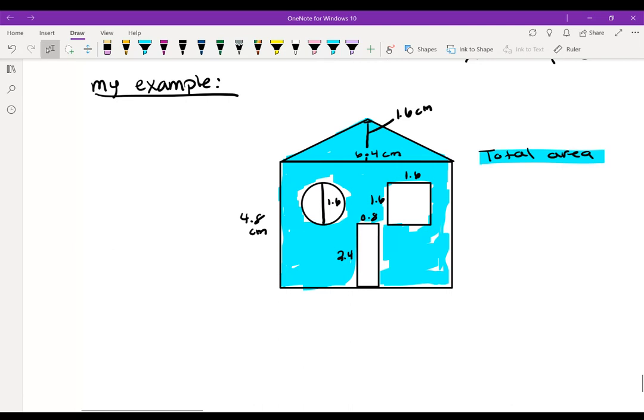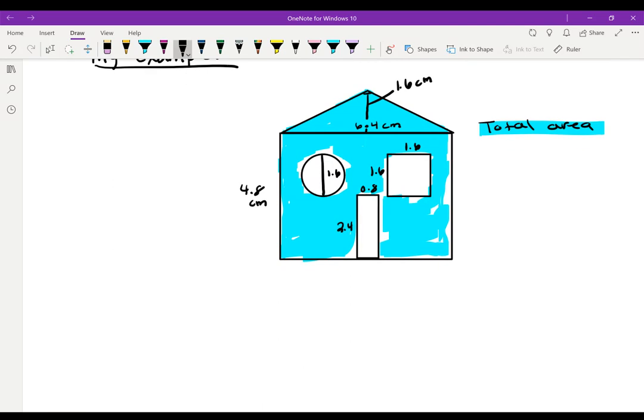So now what I'm going to do is find the area for each individual shape. The area of the roof is going to be the area of a triangle, so area equals 1/2 base times height. So 1/2 my base, which is 6.4, times my height of 1.6. If I type that into my calculator, I get 5.12 centimeters squared.